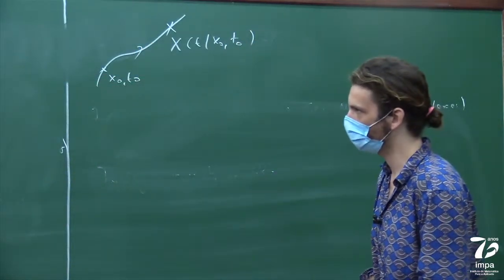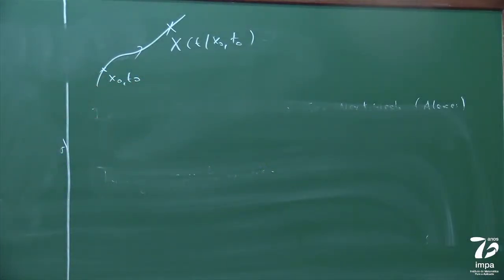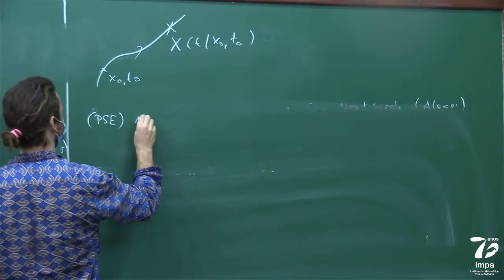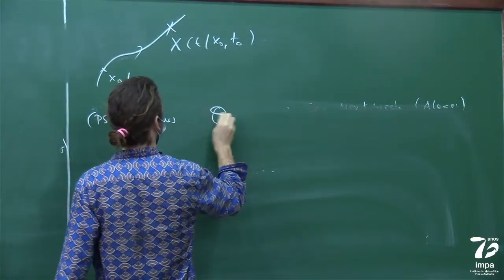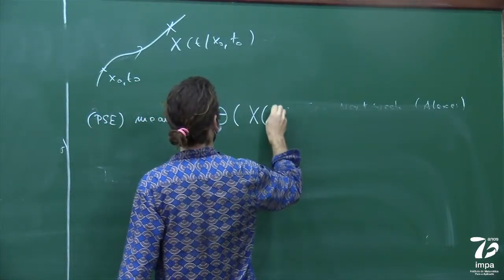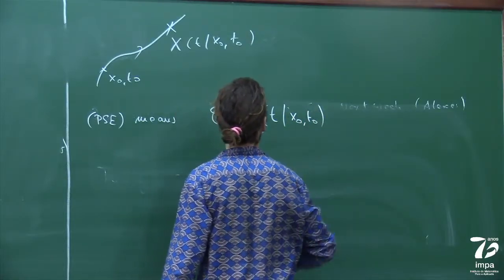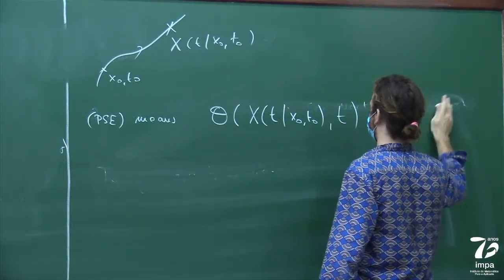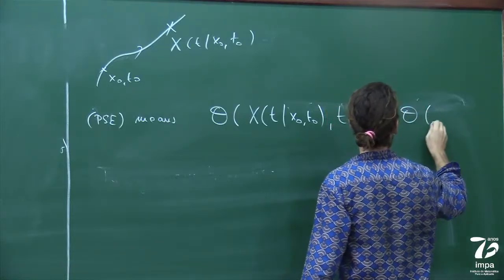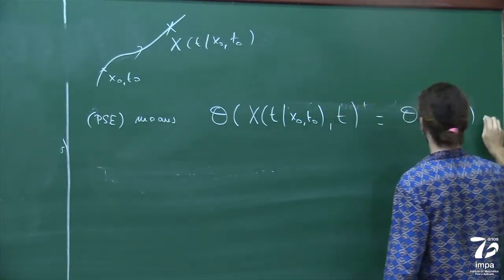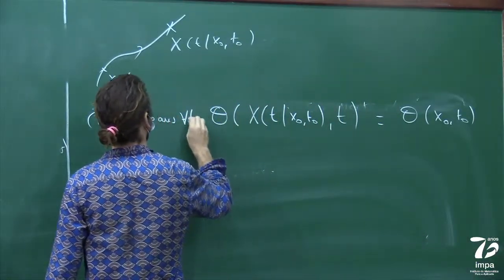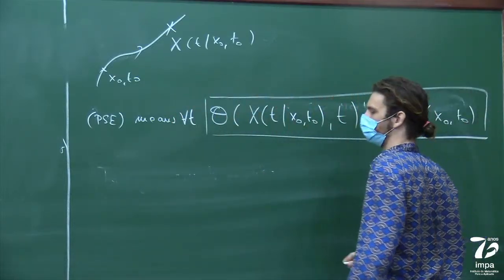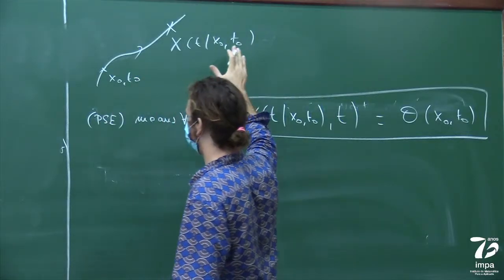And this simply means that theta of x, t, x0, t0 at time t equals theta of x0, t0 for all t. This quantity is conserved along Lagrangian trajectories.